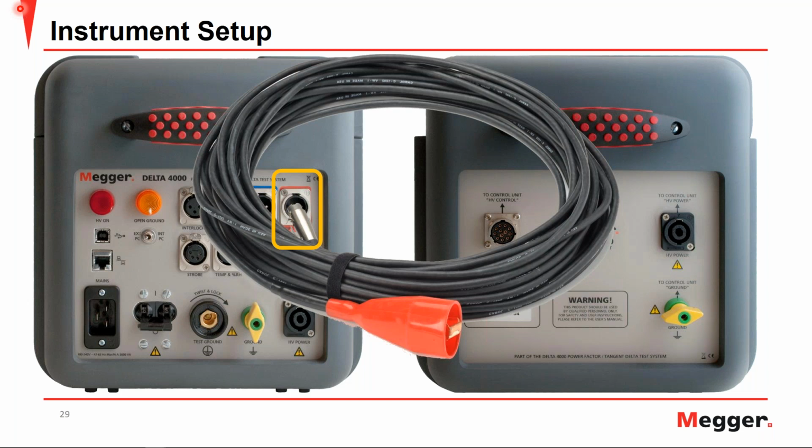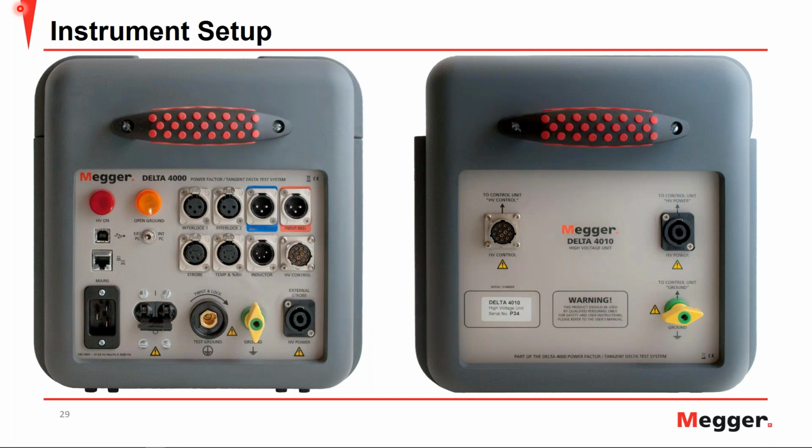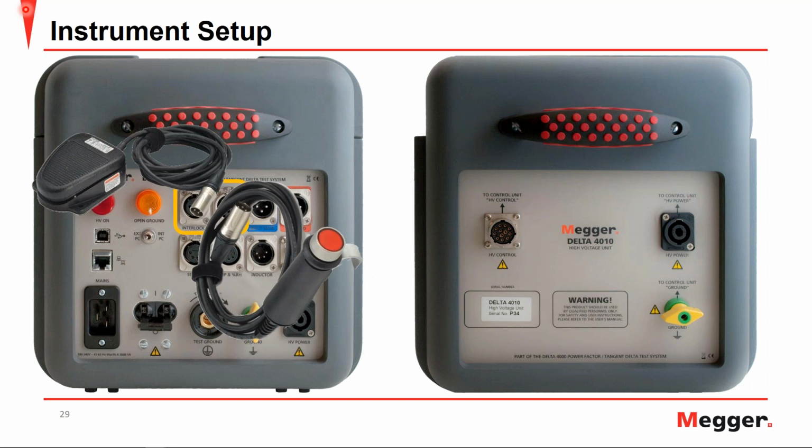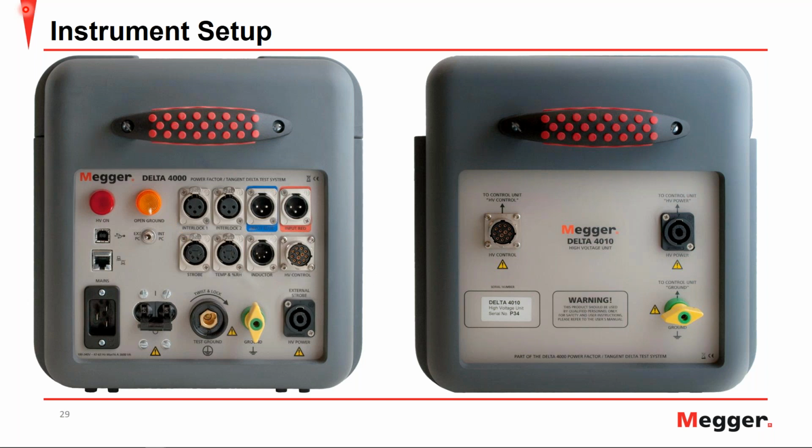But you would have both the red and blue measurement leads that would go red there and then blue next to it. Next to that, you have your interlocks. Again, you need 2 interlocks, and here's an example of just a hand switch and the foot switch. But again, very important to notice that these are necessary to perform the power factor test. Then finally, just your mains breaker, your on-off switch.